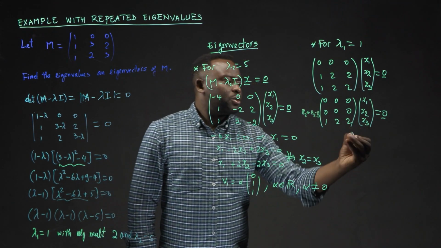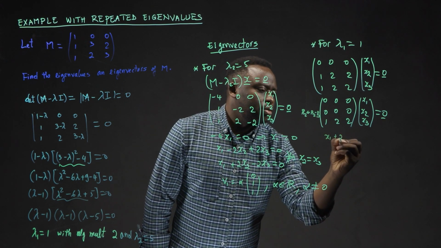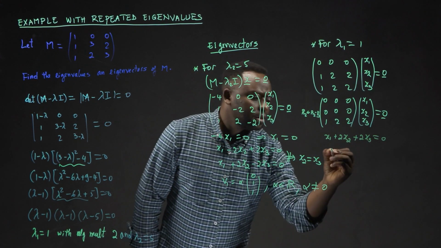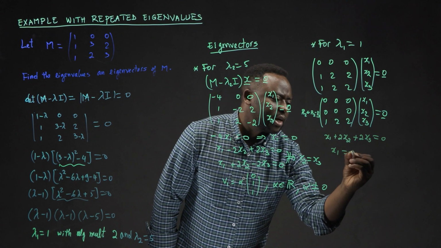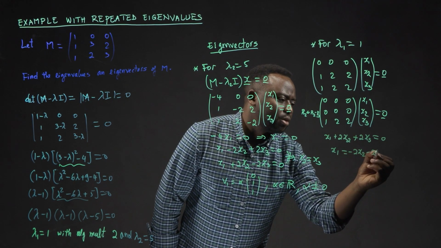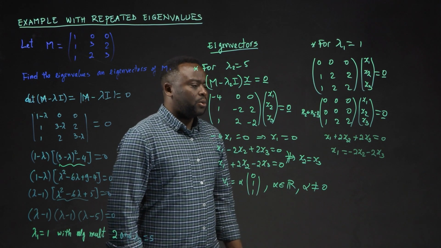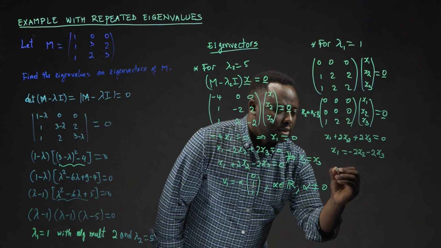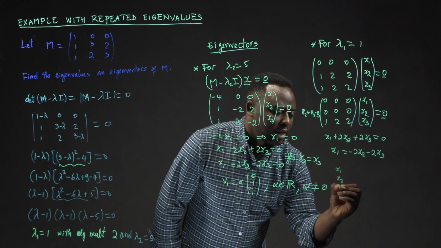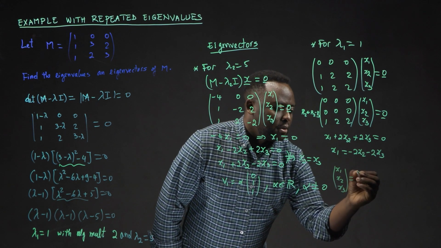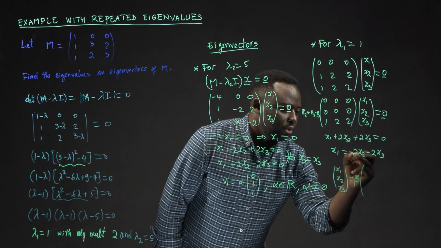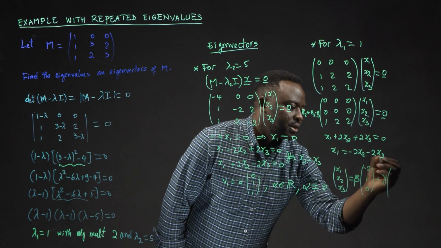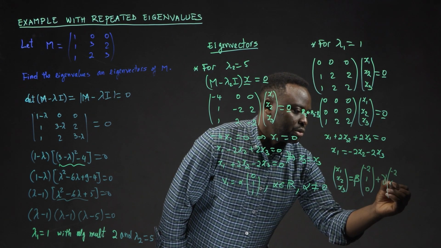If you multiply, we have x1 plus 2x2 plus 2x3. Let's solve this for x1: x1 is equal to minus 2x2 minus 2x3. So we fix x1, then we can give values to x2 and x3. This is (x1, x2, x3) equals beta times (minus 2, 1, 0) plus gamma times (minus 2, 0, 1).